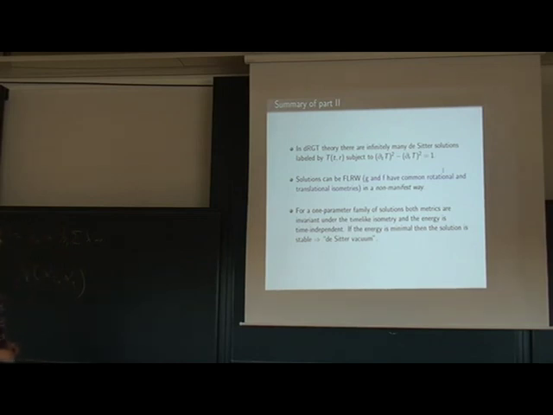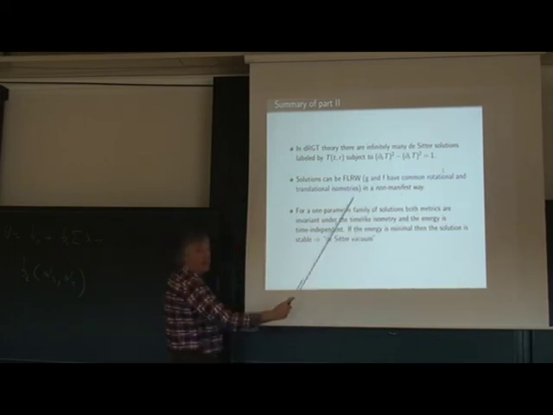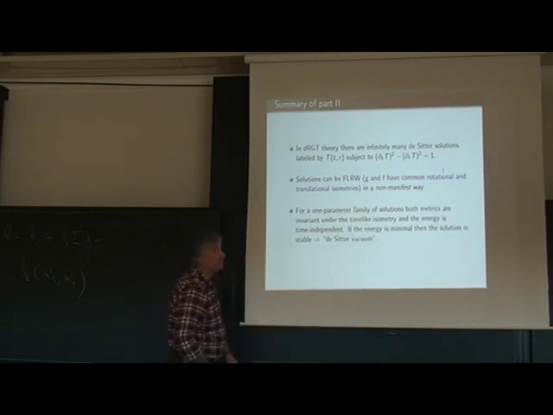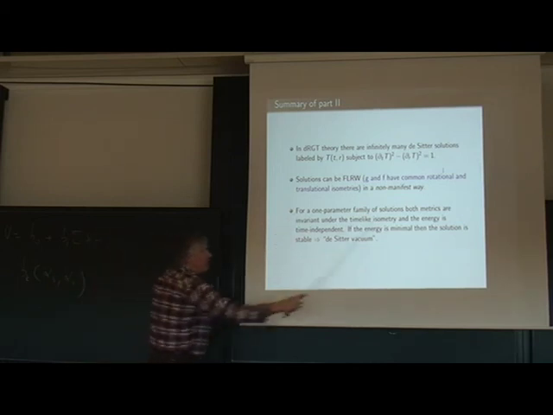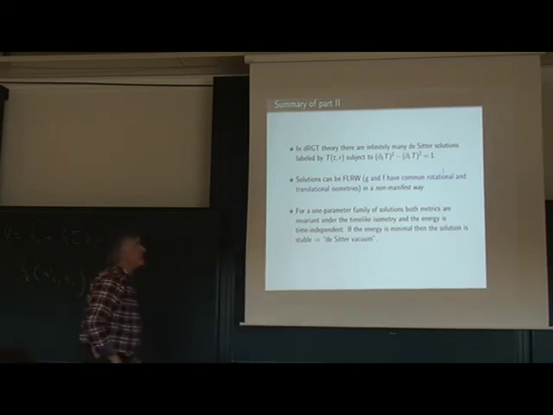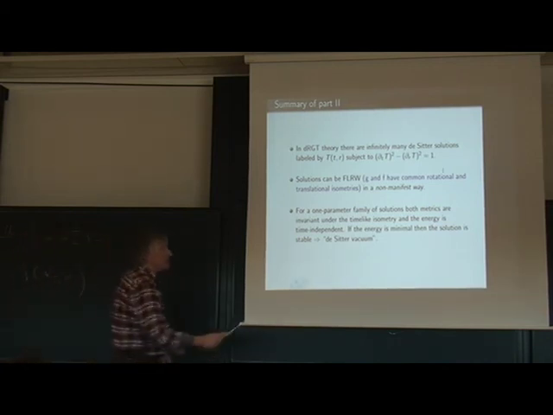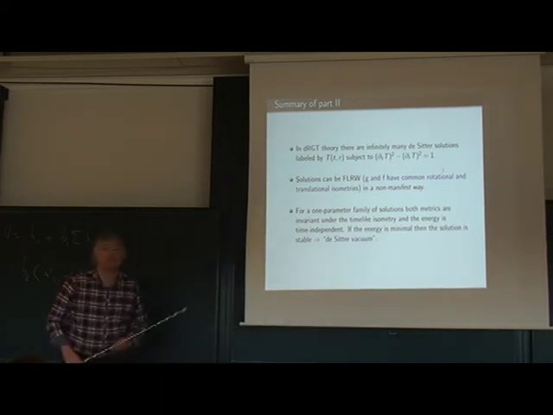Solutions can be homogeneous and isotropic, which means that the two metrics have common rotational and translational Killing vectors in a non-manifest way. And there is a one-parameter subfamily of the solutions for which both metrics are static, and the energy is time independent. And the conjecture is that the energy is minimal. But this is a conjecture.